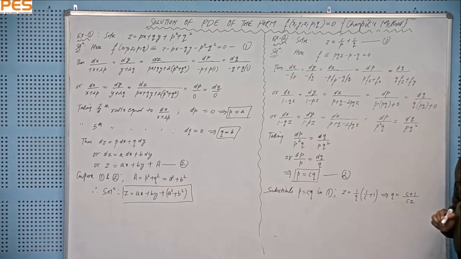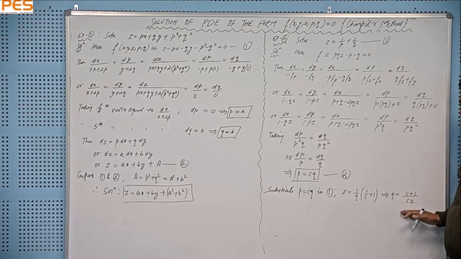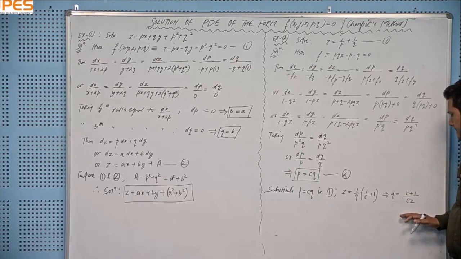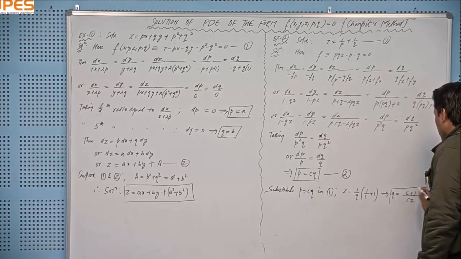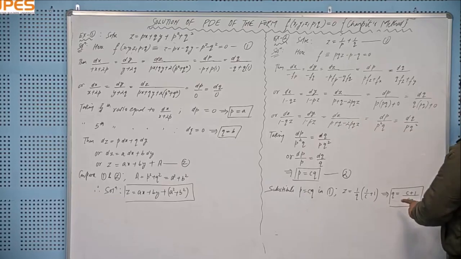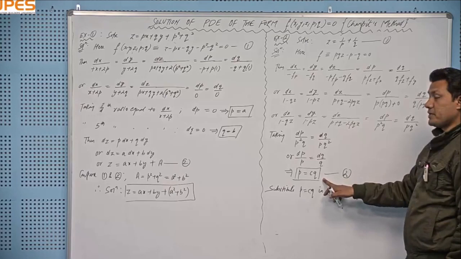This will be my q explicitly in terms of z, right? You need to find p and q in terms of z, x, y, right? Okay, so this is my q. I will be using this and plugging this q here, and then I will get p in terms of z.